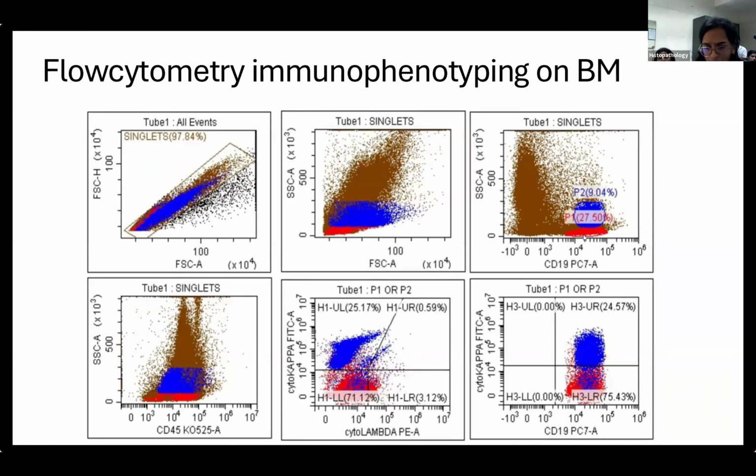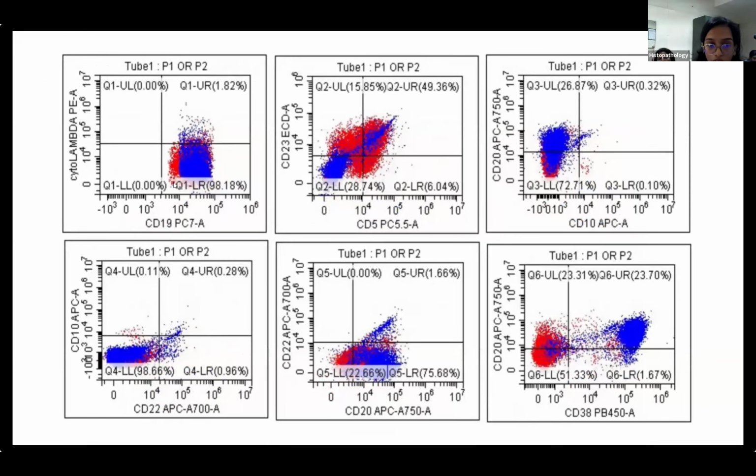CD19 positive, low side scatter cells, two populations were identified. First, we focus on the red cell population. This CD19 positive red cell population is showing kappa and lambda negativity. Here also we are focusing only on the red cell population, which is showing concurrent positivity for CD23 and CD5. CD20 is dim positive and CD38 is negative.